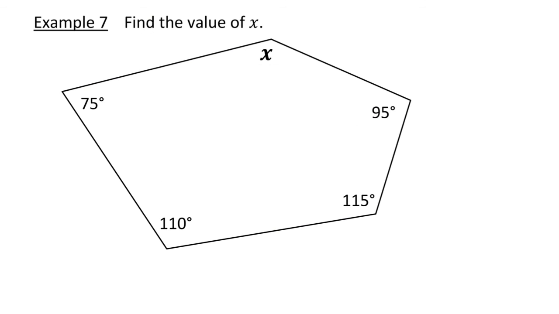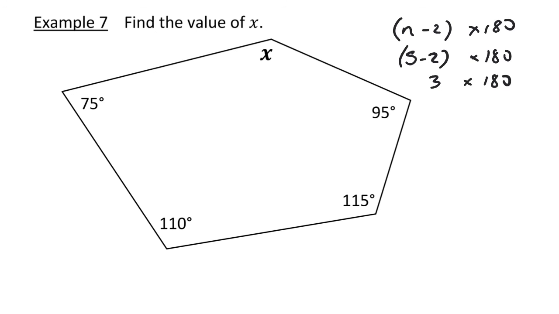Example 7: find the value of x. We can see that there are 1, 2, 3, 4, 5 sides. So the angles inside the pentagon must add up to n minus 2 times 180, which is 5 minus 2 times 180, so 3 times 180, which is 540 degrees.